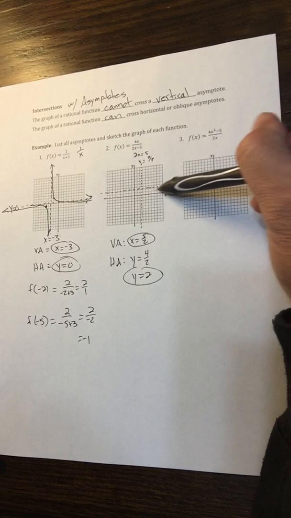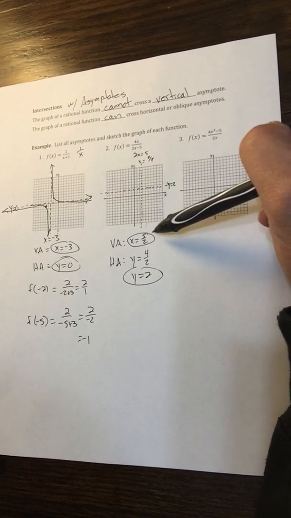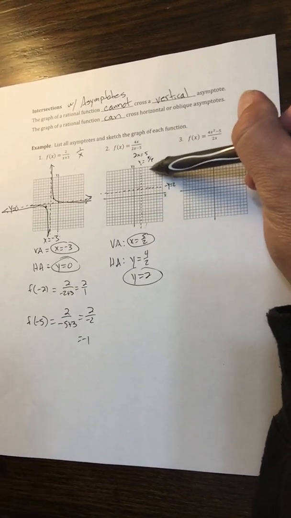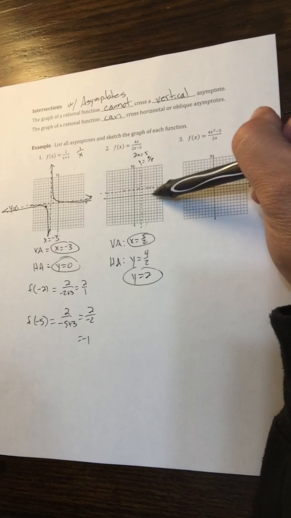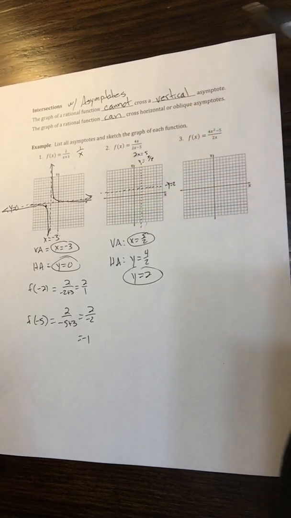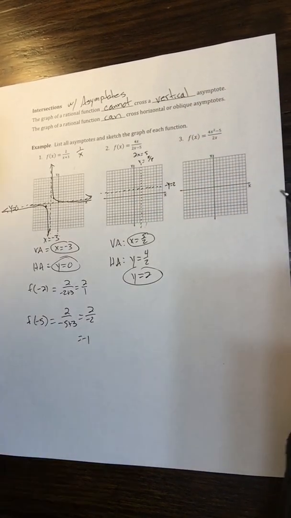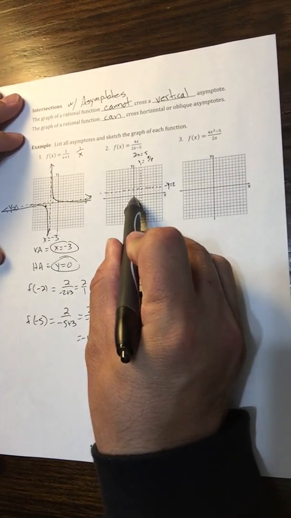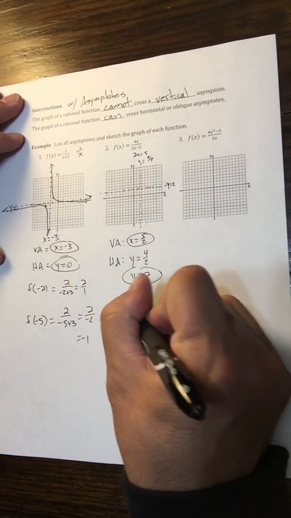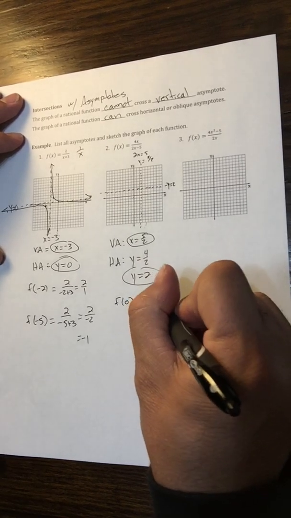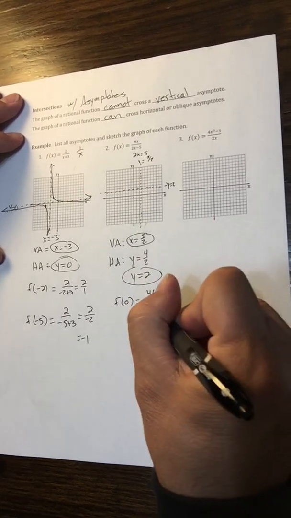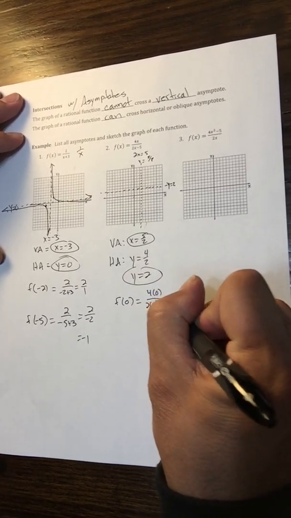It's definitely not going to be both here and here because that wouldn't be a function, right? On the right side, it's either above or below this horizontal asymptote, and on the left side, it's either above or below, but it can't be both. So check a point. Look, a real easy one to put in is 0 for this left side, so I'm going to go f of 0. And what do I get? 4 times 0 over 2 times 0 minus 5.